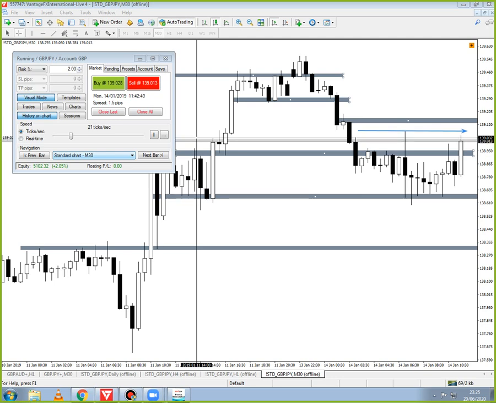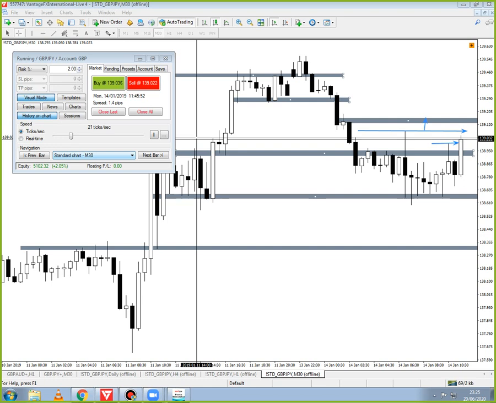But the thing is, this range is too little of a range to trade. Obviously you've got this wick here, but price came up and tapped into this area and pulled away from it.